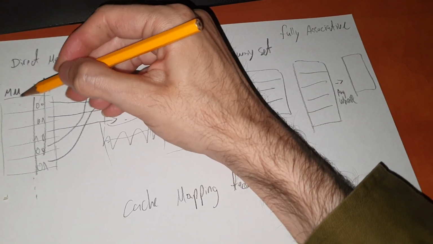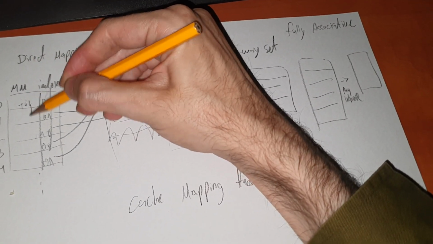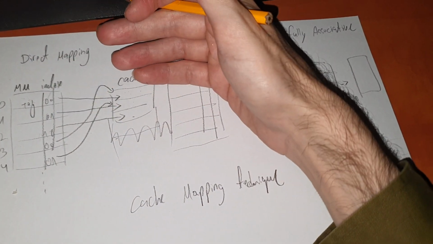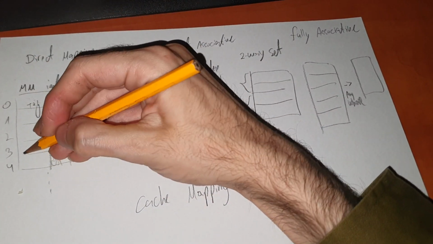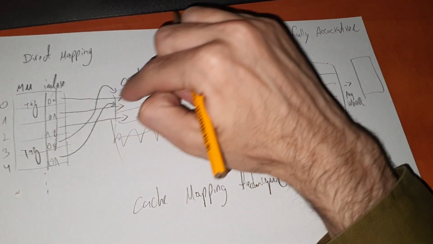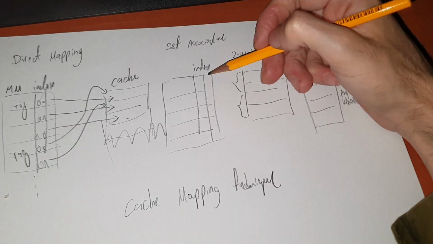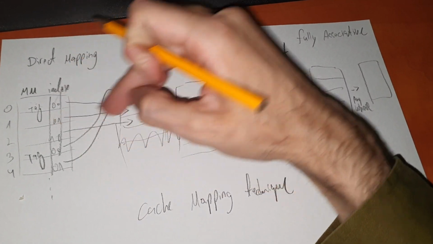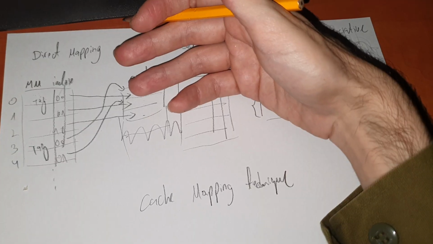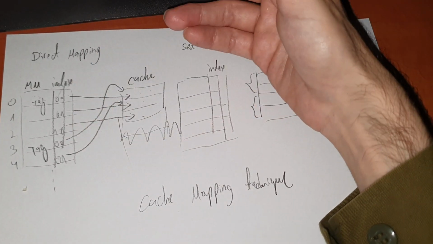Now all this area is called the tag, and if we already have it in the cache, it will be a tag hit. But if we take something that we don't have in the cache, it will be a cache miss. This is the idea of direct mapping, exactly to where we want. It's quite efficient, but there may be some replacements.